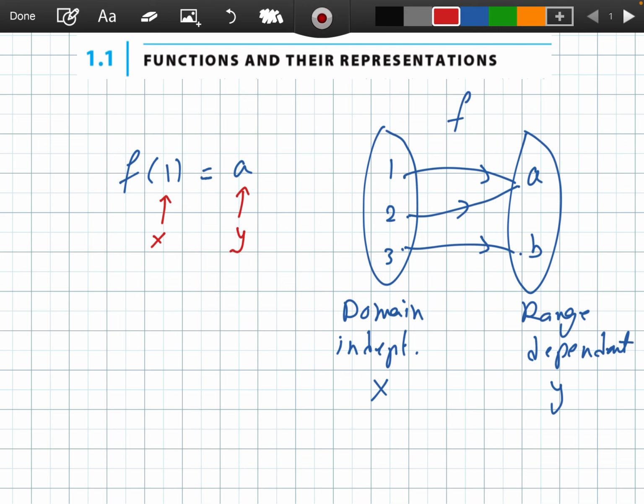Or if you have an element, let's say 1, paired with more than one element, then it's also not a function.